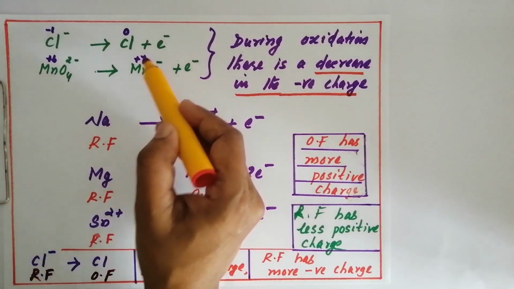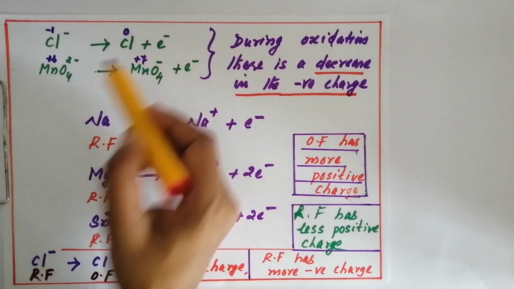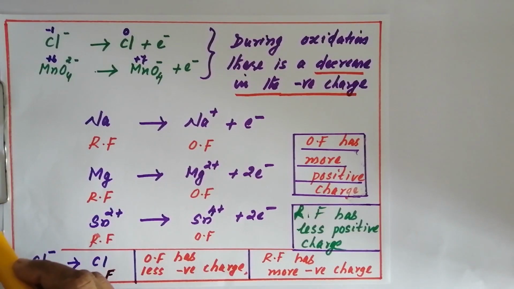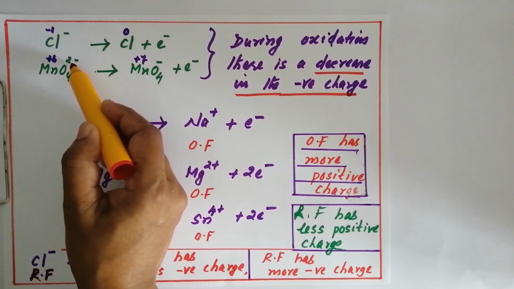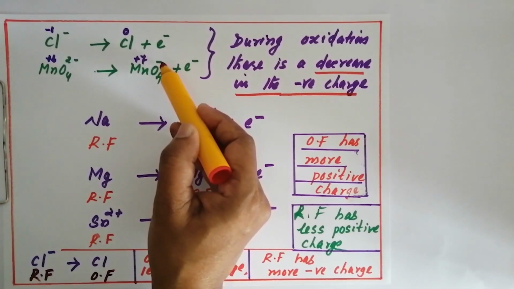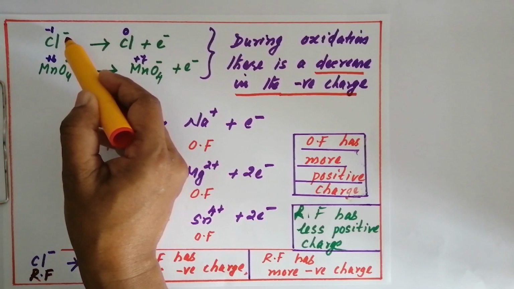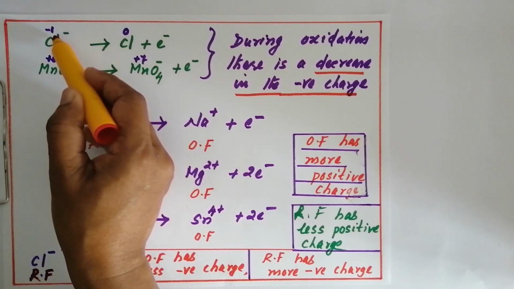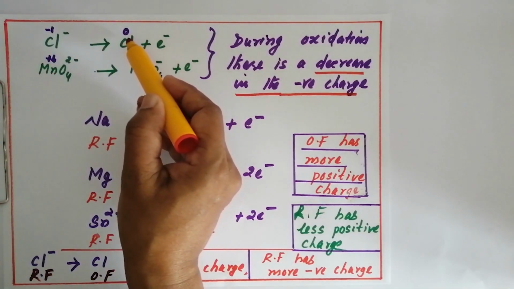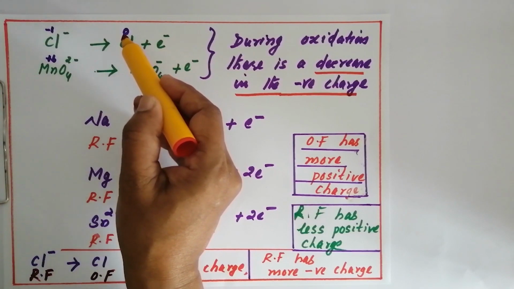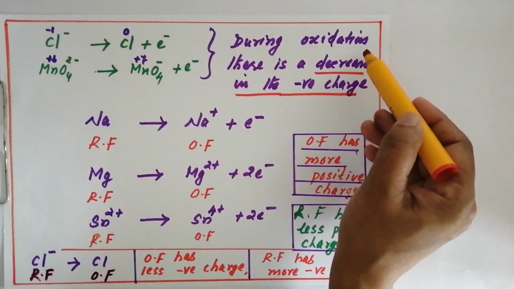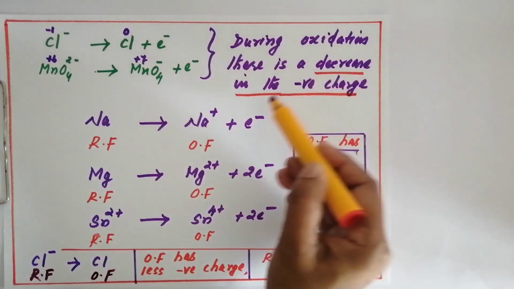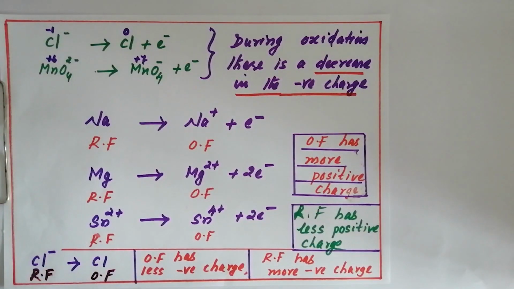So it is an oxidation because there is an increase in oxidation number. At the same time, we can see that there is a decrease in the negative charge. The 2- charge is reduced to -1 charge, and in Cl- from -1 the charge is decreased to 0. So that we can explain like during oxidation there is a decrease in the negative charge.